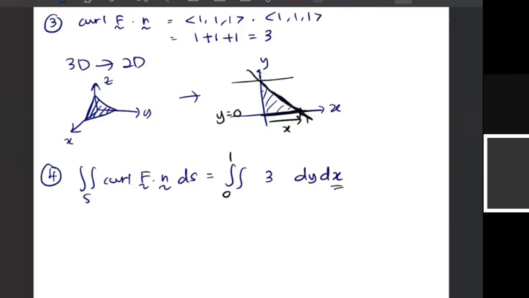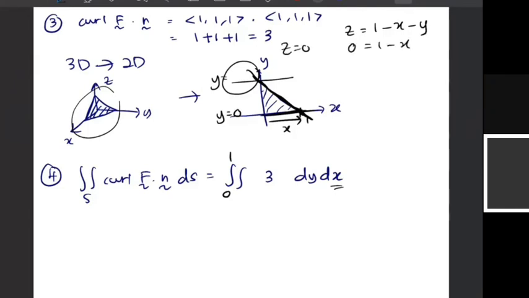Step number 4, determine the limits. Okay, the integral of 3 dy dx. And then determine the limits. First determine the limit for x. Okay, so x here, we know that the intersection is 1. So x from 0 to 1.